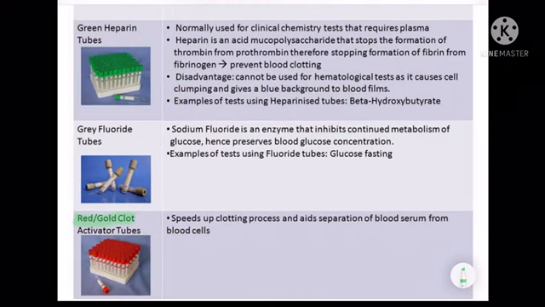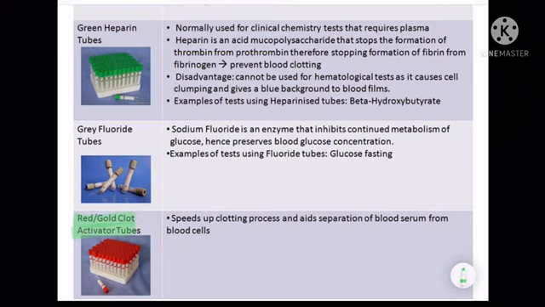The next tube is the red cap Vacutainer or the plain Vacutainer. We know that this plain Vacutainer is used for serological examinations. For serological examinations we only need the serum of the patient, so once we take blood we inject the blood into this Vacutainer, and this Vacutainer does not contain any anticoagulant, so it helps in the rapid coagulation process.